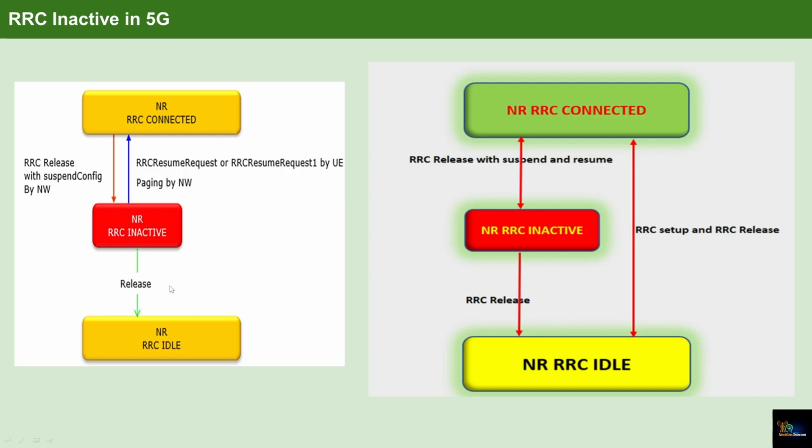And if we are still in the inactive state and the timer expires, it will go to idle mode. The picture on the right side denotes that once you move to idle mode, if it wants to go to connected mode, it requires RRC setup, full configurations, NAS and AS.